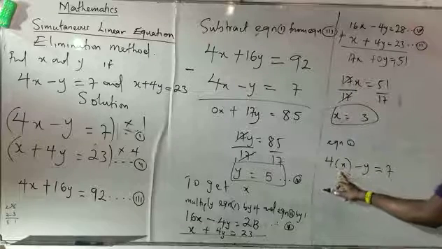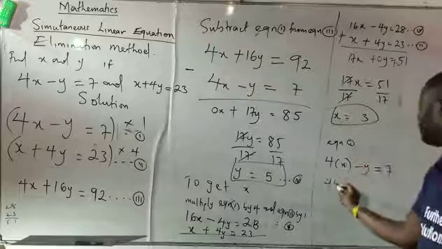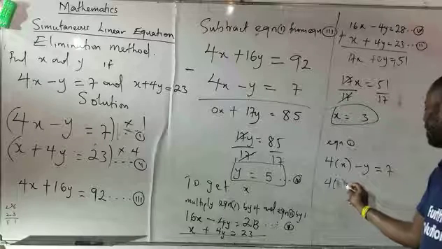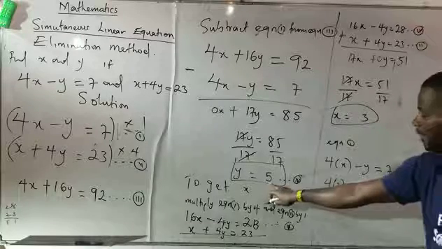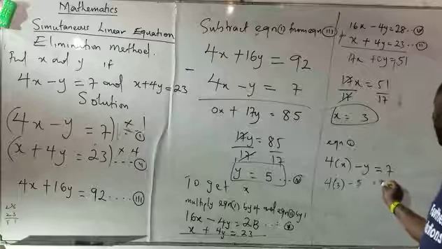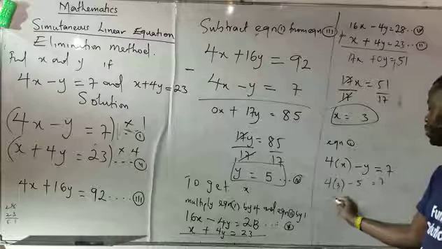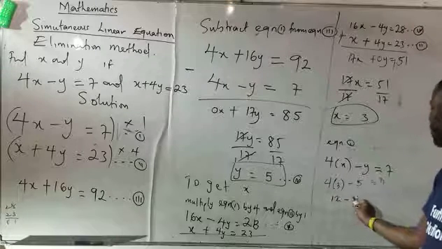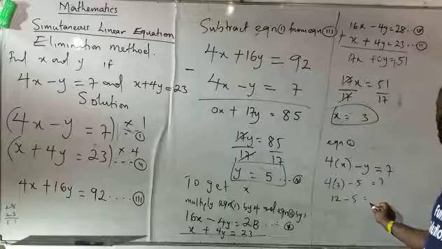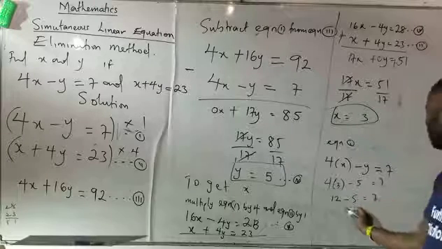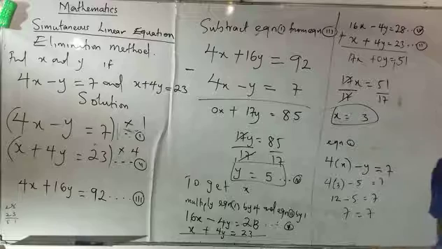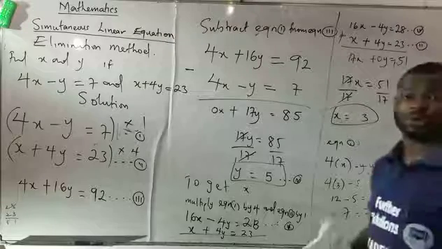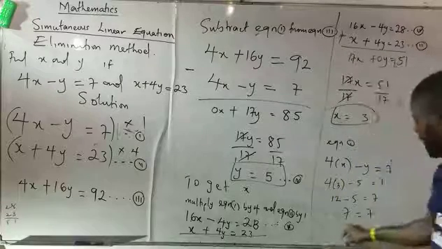What is our x? x is 3. 4 multiplied by 3 minus 5, can it be equal to 7? This is 12 minus 5, which is 7. Now 7 is equal to 7. That is how to check whether what you have done is correct or not. Can you see 7 is equal to 7?